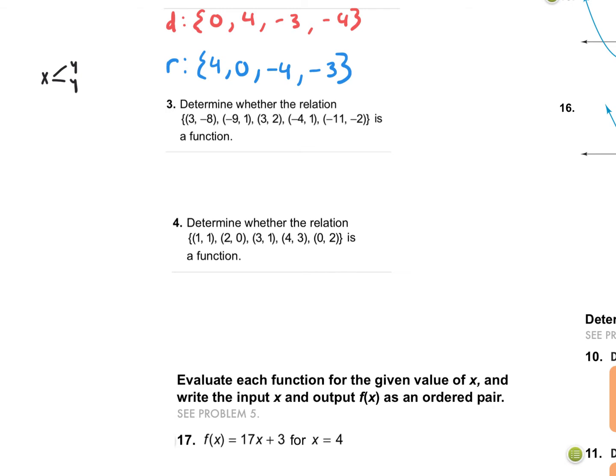Looking at our x's, we have 3, -9, 3, -4, and 11. So we see that 3 does repeat here and here. So 3 has the y value of -8, and it also has the y value of 2. Since our x repeats, this would be not a function.